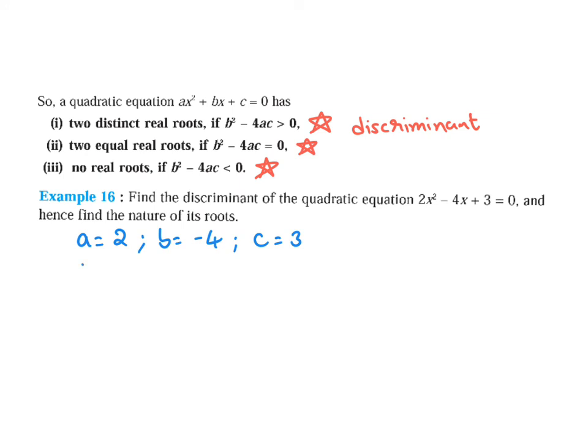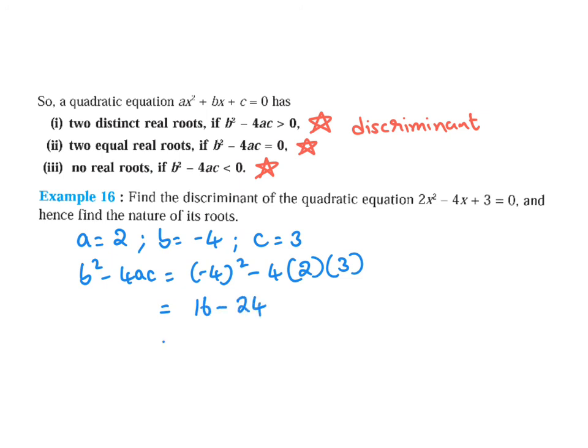And our discriminant is b squared minus 4ac, which is going to be negative 4 squared minus 4 times 2 times 3. And that's going to be 16 minus 24, which is negative 8. And this is less than 0. So if b squared minus 4ac is less than 0, it will have no real roots. So hence this quadratic equation has no real roots.